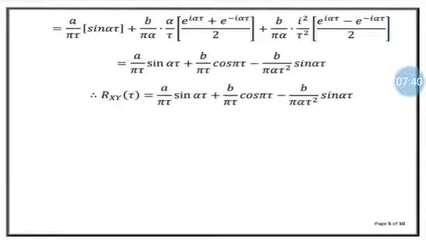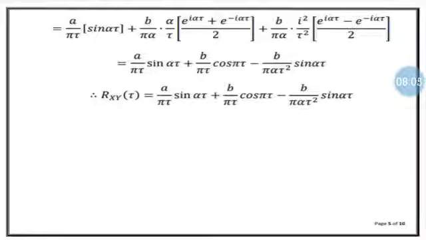into sin a tau plus, a cancel, b by pi tau into the formula of e power i a tau plus e power minus i a tau divided by 2 is cos a tau. So substitute this formula cos a tau. Next, e power i a tau minus e power minus i a tau divided by 2i, the formula is sin a tau.